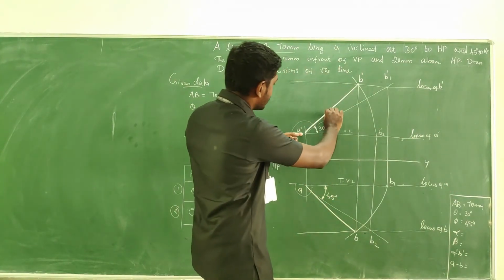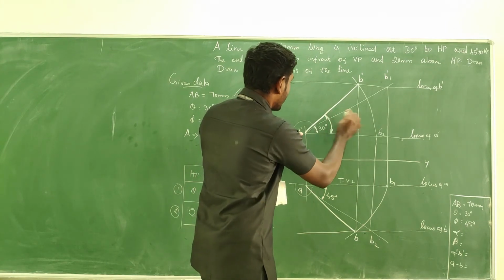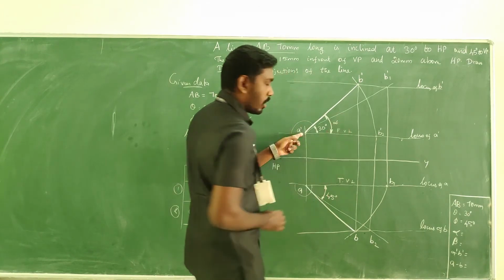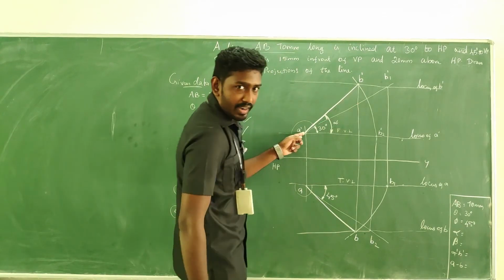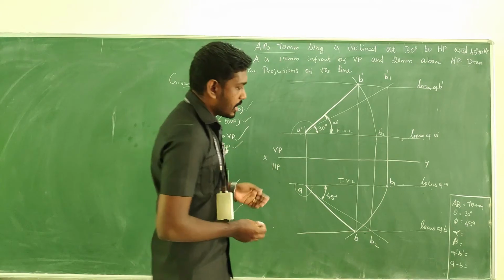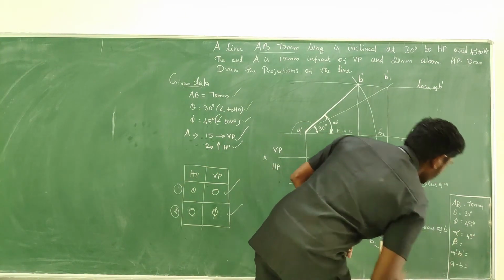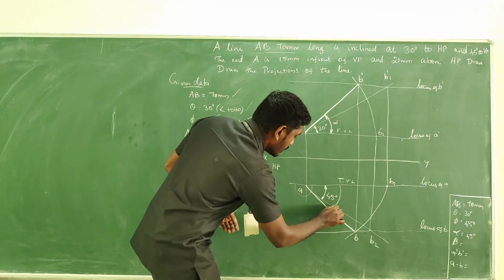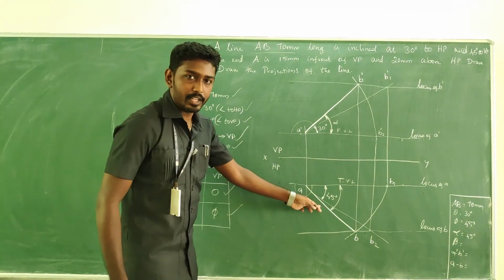Alpha is the apparent front view angle. In order to find the angle, keep your protractor and measure it. If your projection work is good, you will get 45 degrees. And beta is the apparent angle in the top view.